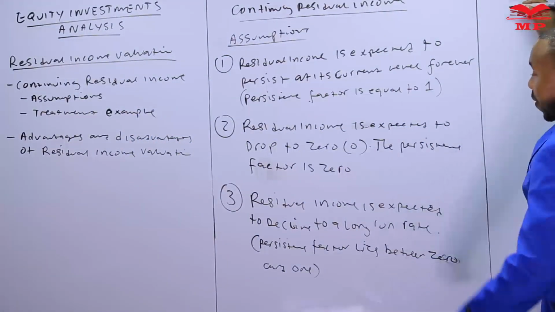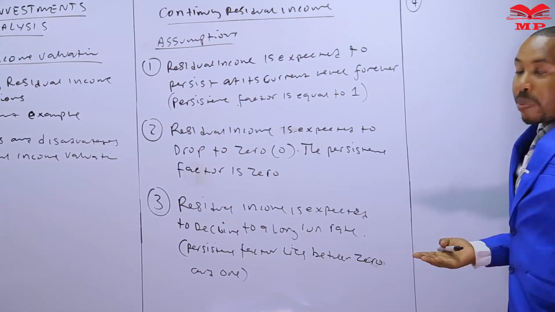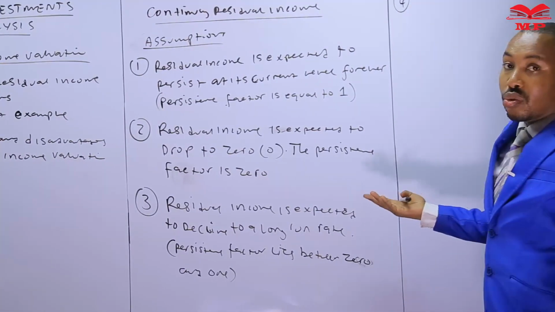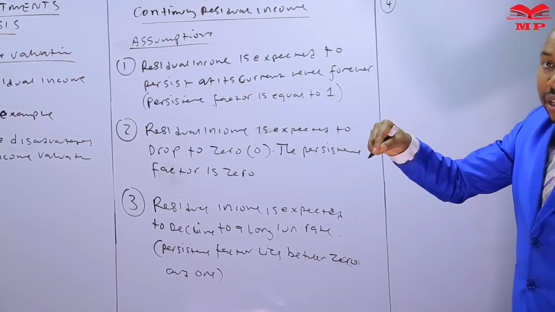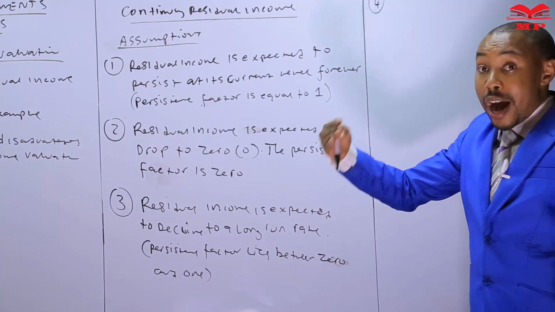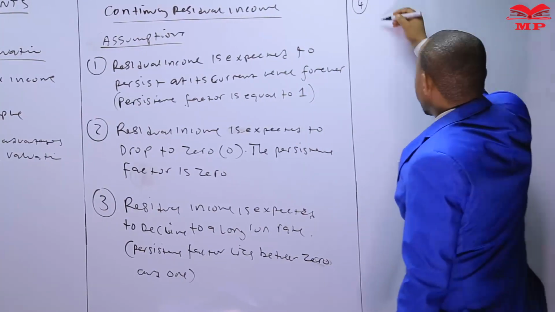Now, the fourth assumption is that residual income is expected to decline to the long run ROE levels. As the residual income declines, the component of ROE, or return on equity, will also decline concurrently.